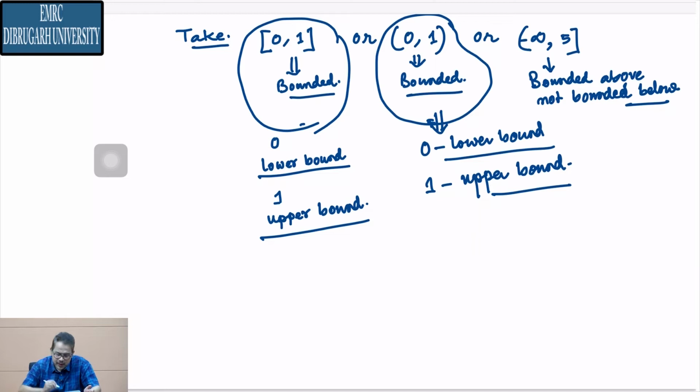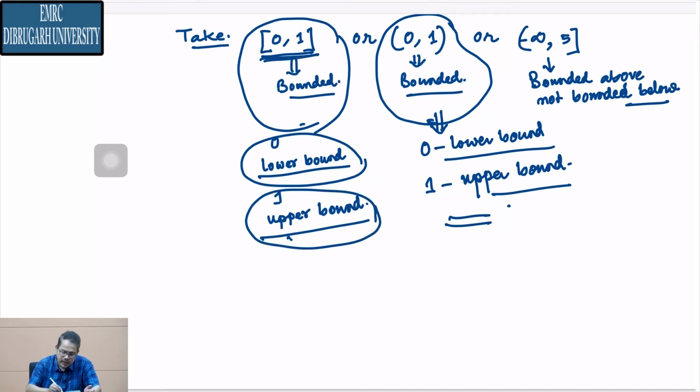What is the difference between these? You can see this lower bound 0 belongs to this set, this upper bound 1 belongs to this set, but here 0 is not included in this set and 1 is also not included in this set. It means that a set may contain its lower and upper bounds or may not contain them.